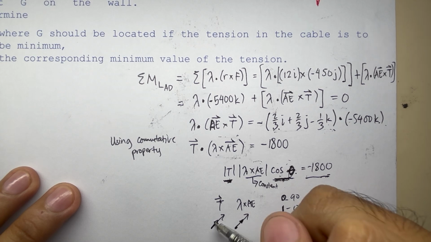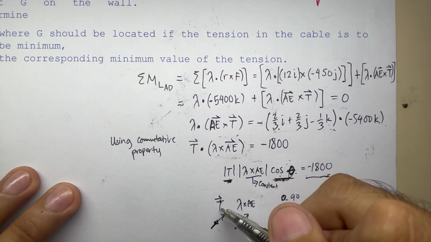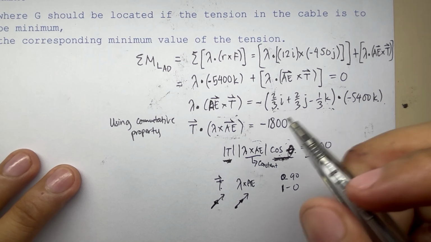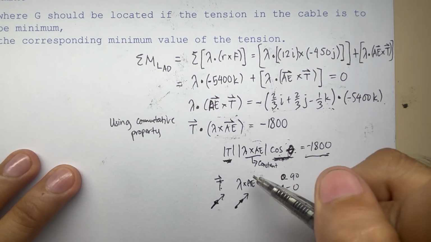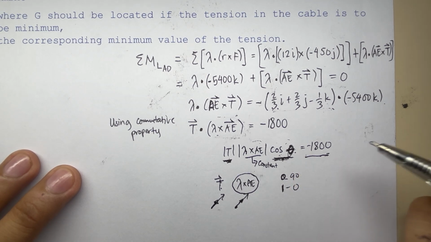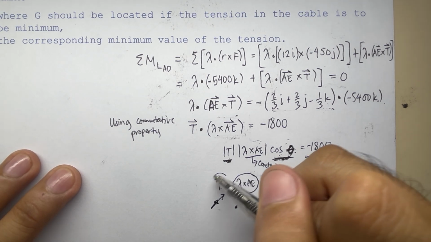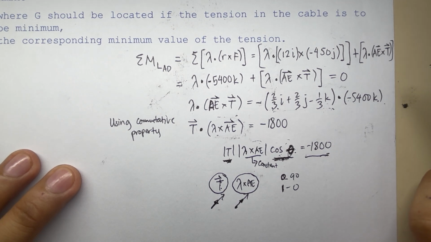So the unit vector of this vector should be equal to the unit vector of this tension.